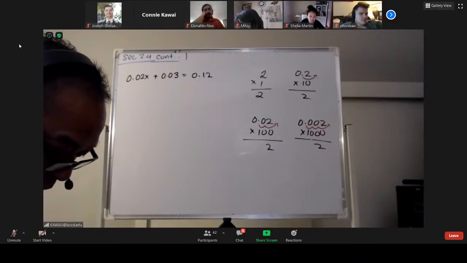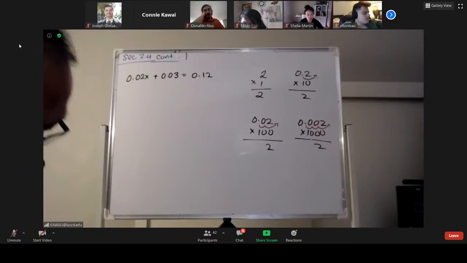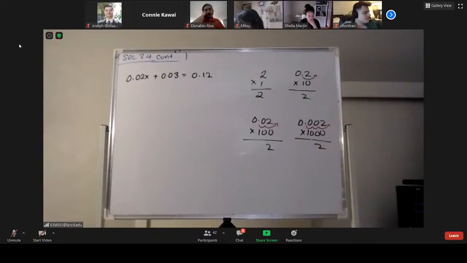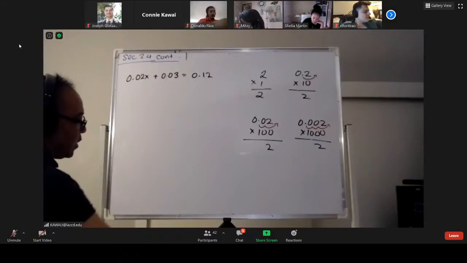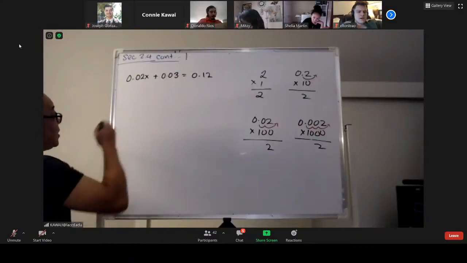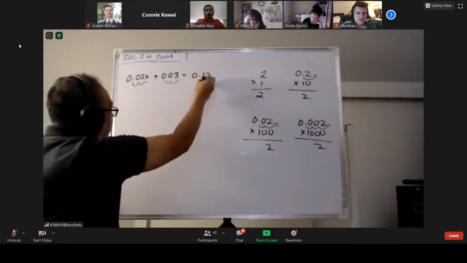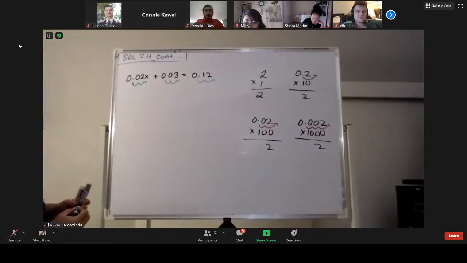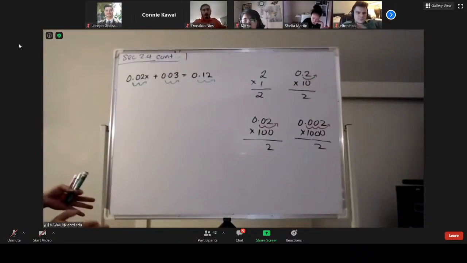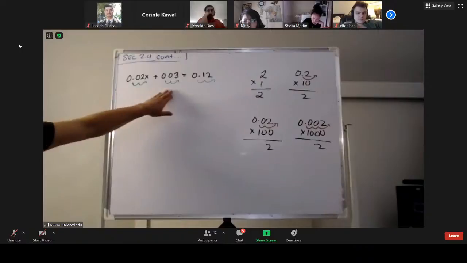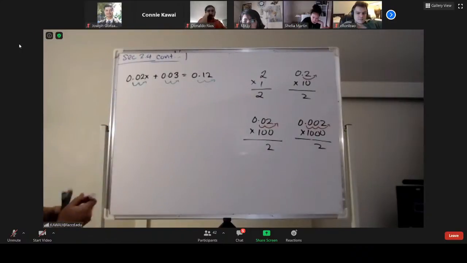Give everyone a second to come back to their computers. Is that 0.03? Yeah, 0.03. Okay. Now, for each one of these, I want them to move 2 places. Right? You have to move them all the same number of places. So if I want these all to move 2 places, I have to multiply them with something that has 2 zeros.